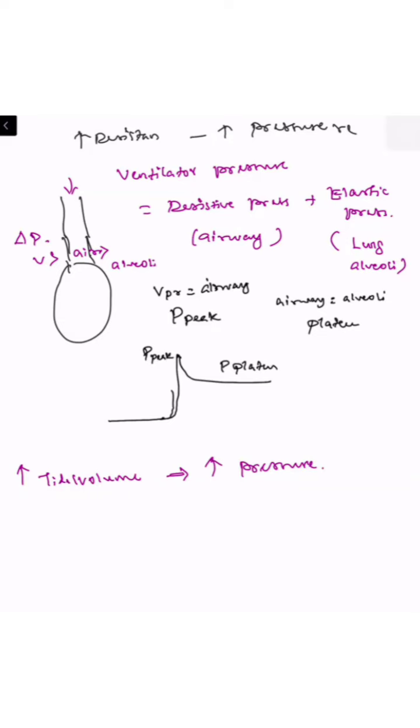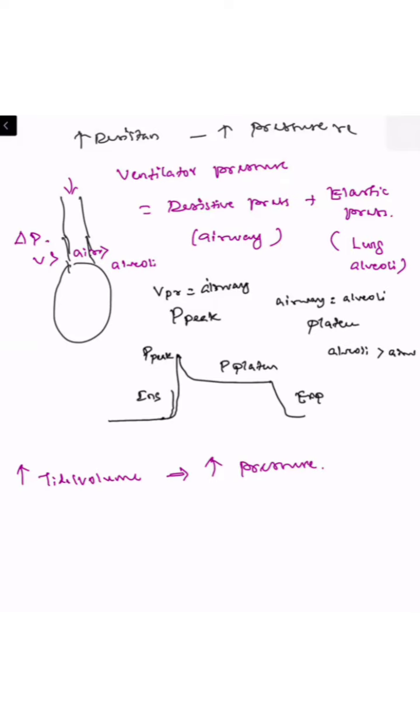Following the plateau phase, the alveolar pressure will be more than the airway pressure, so this will cause the expiration. So during mechanical ventilation, we have the inspiratory phase, the plateau phase, and the expiratory phase.